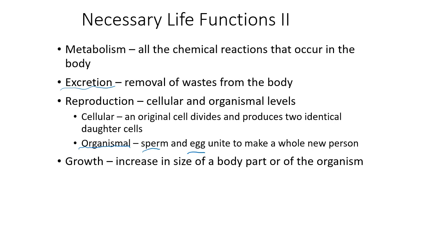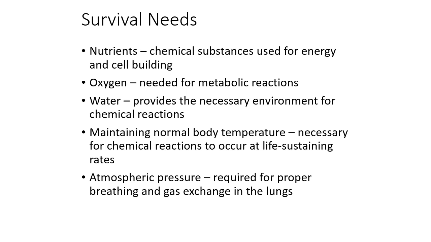But we also need to reproduce at the cellular level. We have to be able to reproduce cells to replace old, dead, worn, dying cells as that need comes along. And when that occurs, we're going to have to increase in size individual cells as well as whole organs and organ systems in order to have growth of the entire organism or the whole body.